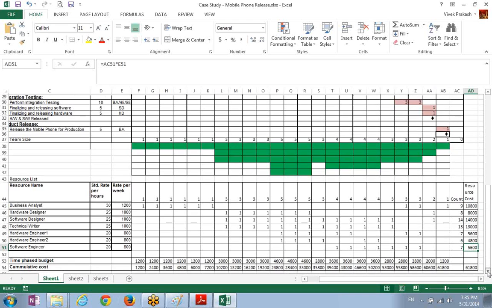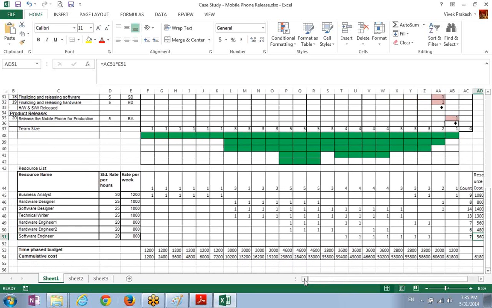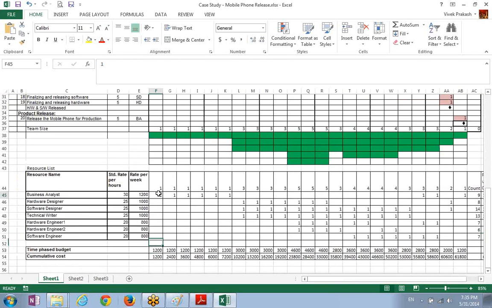And this also gives me a total budget, the cost of this, then cost of all 3 here, cost of all 3 here, cost of all 5 here, and so every week you see how much cost is going, and this is showing the cumulative cost.